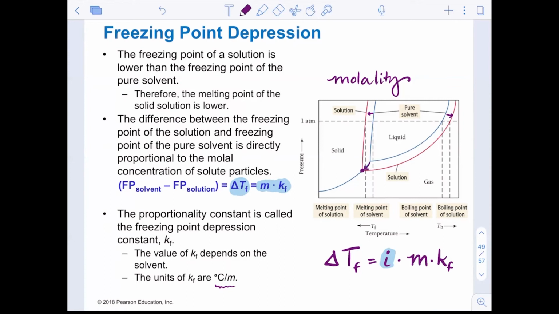All right, we're going to talk about the number of particles that will be dissociated or will be in the solution, okay? And that will aid in our calculation. Right now, we're just going to take this factor right here, delta TF equals i times molality times the KF. And we'll be able to see that the KF is going to be a variety of different things based off of whatever solution we have or whatever solvent, okay? It's solvent dependent.